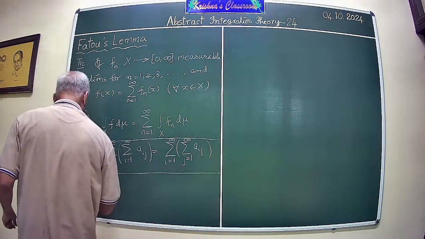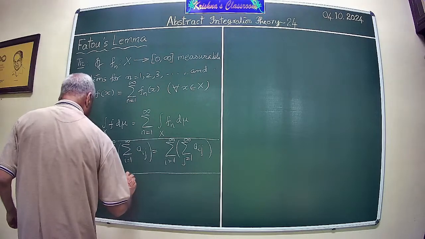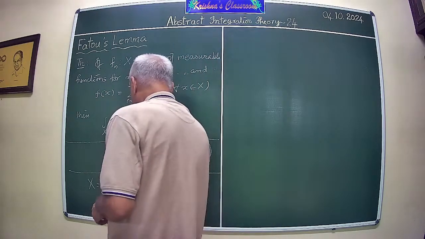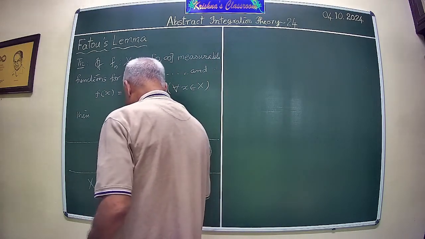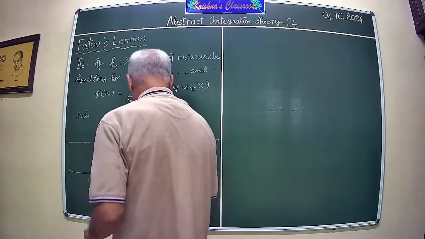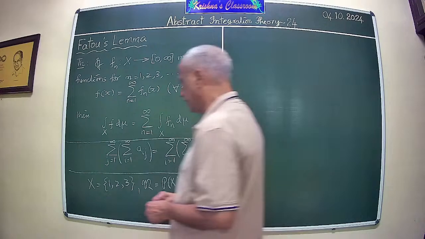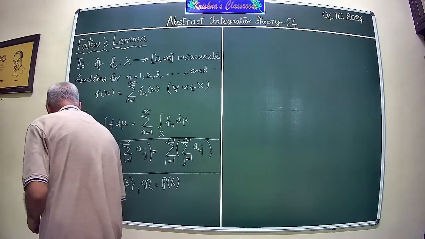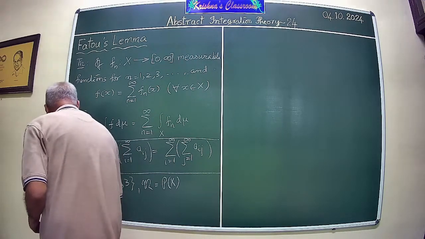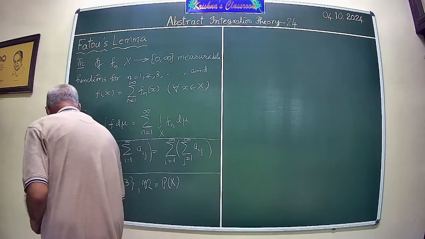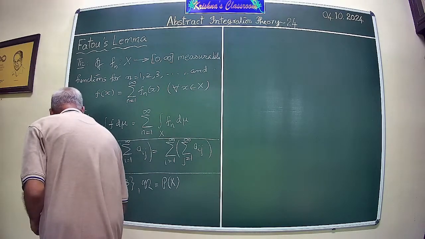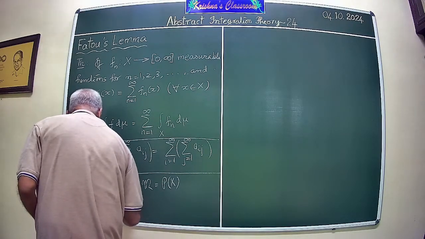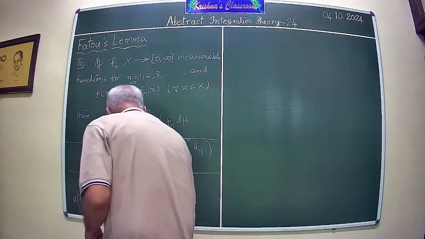Take X to be just 3 elements, and the power set as the sigma algebra. And we define mu of {1} equal to 1, mu of {2} equal to 1, mu of {3} equal to 1.